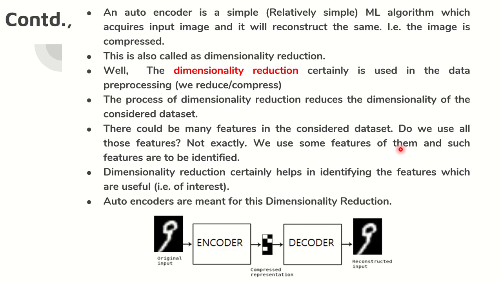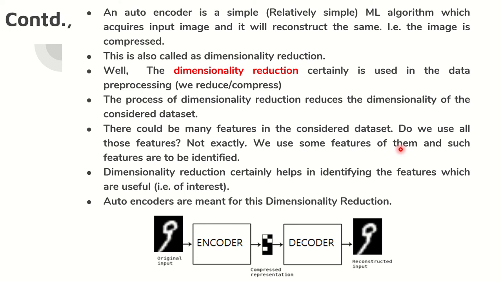Let's get into the core area. An autoencoder is, compared to the ML or deep learning algorithms we have learned till now, definitely simple. It is a relatively simpler model which helps us in acquiring the image, compressing it, and reconstructing it. That's it. Acquire, compress, decompress and reconstruct.